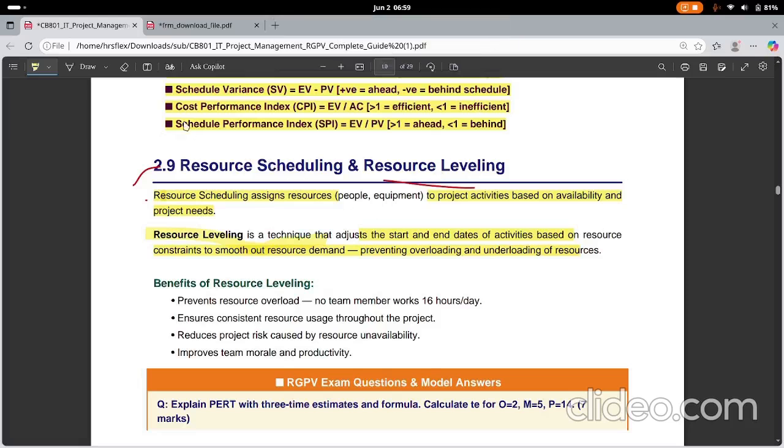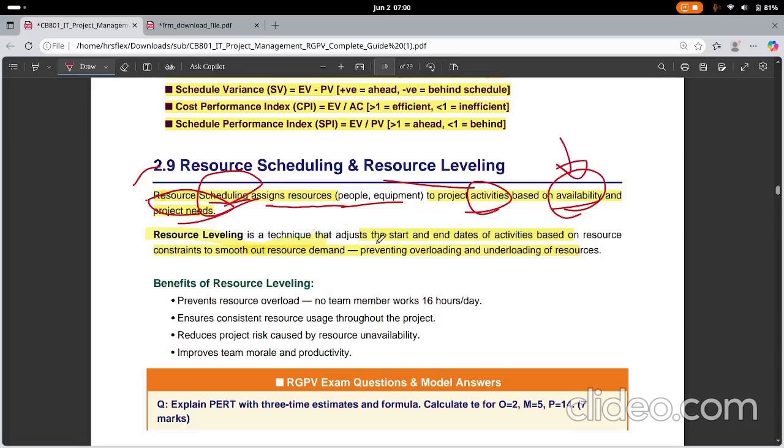What does this mean? Resource scheduling is to assign resources, that is people or equipment, to activities based on availability and needs. So if it is available, then schedule it.